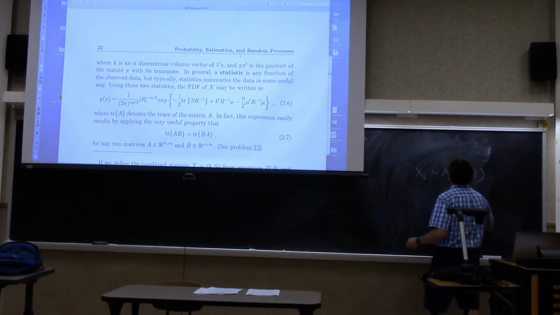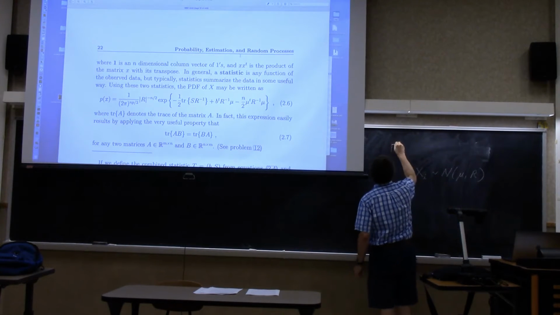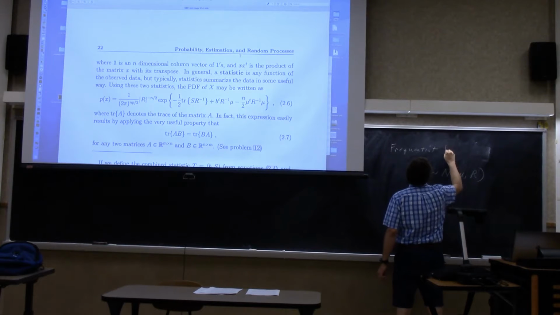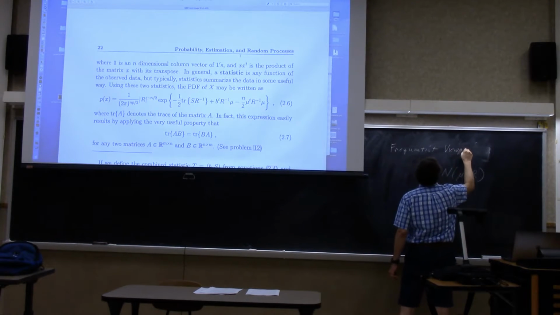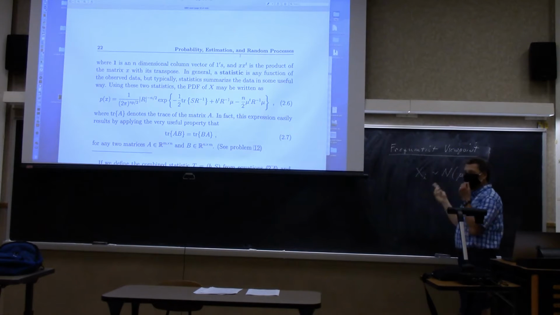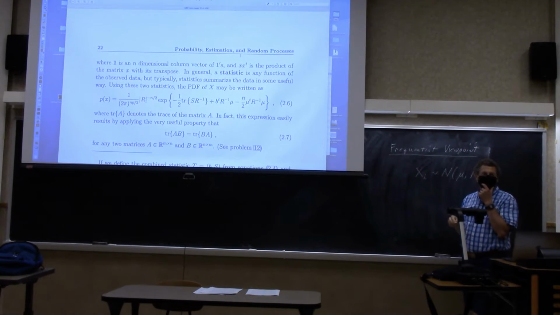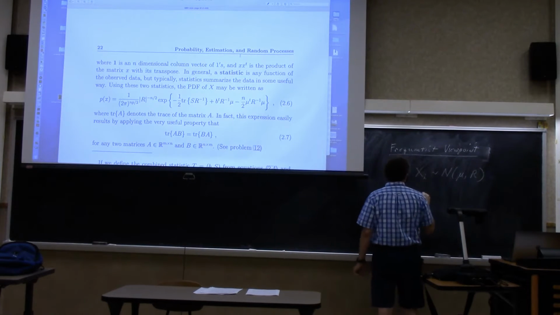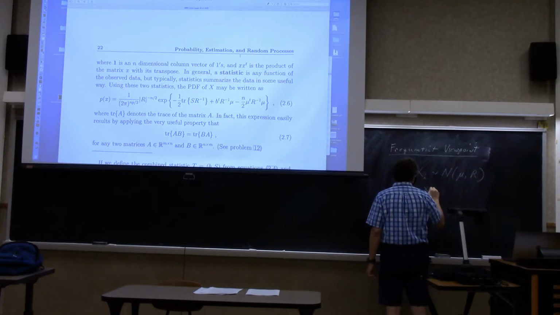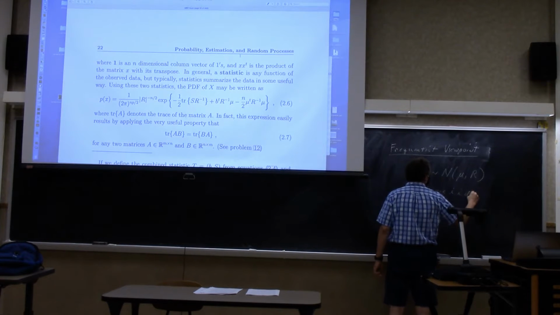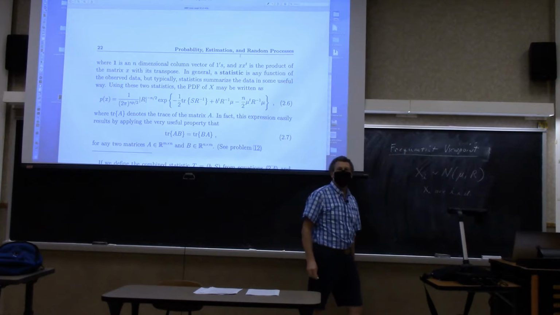So I'll put here a frequentist viewpoint. So you generate a sequence of experimental outcomes, and then the xi are IID, independent identically distributed, right?